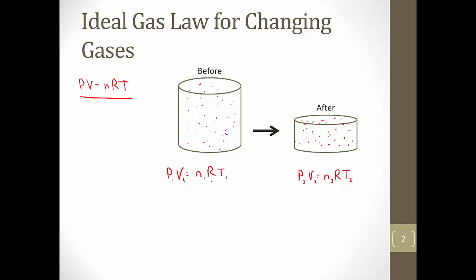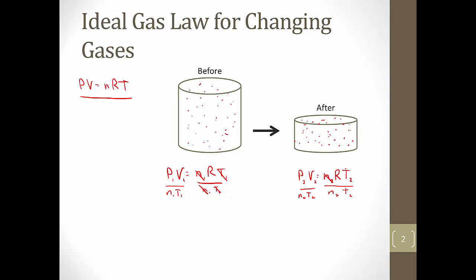So what I'm going to do is solve both of these equations for R. To solve for R here, I'm going to divide by N1 T1 on both sides. And over here I'm going to do the same thing, but divide by N2 T2. Of course N1, N1 cancel, T1, T1 cancel.